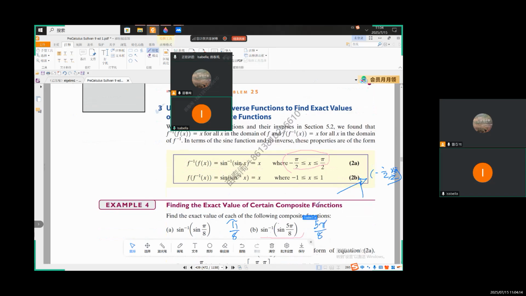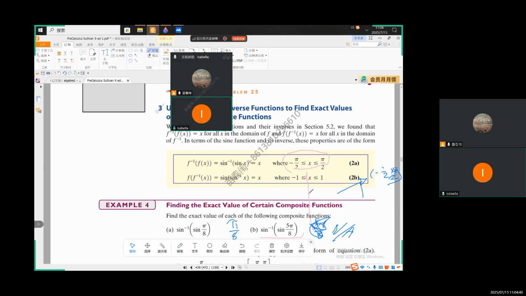Let me try to do the actual mathematics behind it. Oh my god, I don't actually know what that is. And also, you can't really do that because this one is not in the domain. The result is not 5 pi over 8, because this is not in the domain anymore.